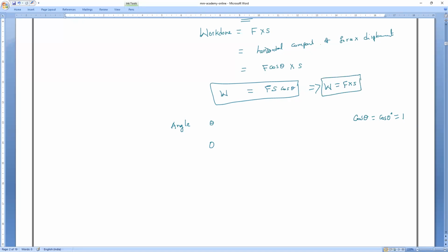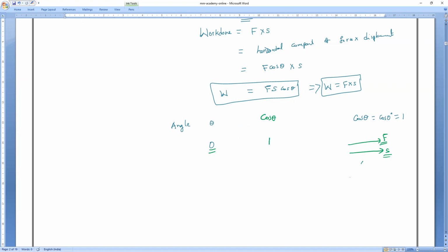That's all. What do you mean by 0? It means displacement and force are both in the same direction, so the applied force is horizontal to that. That is indicating the angle is 0. So if the angle is 0, then cos theta value is 1.